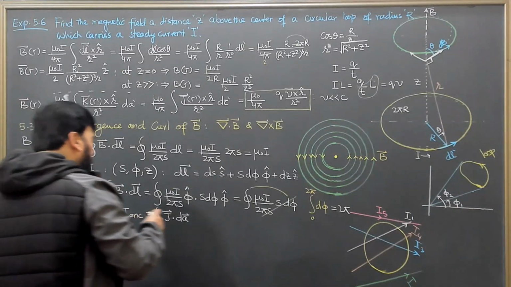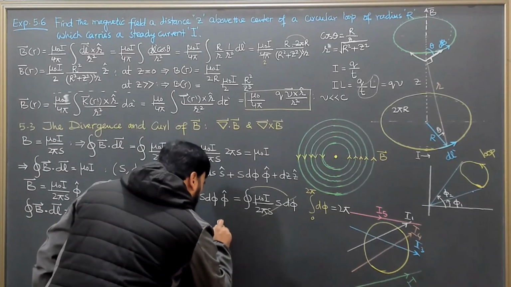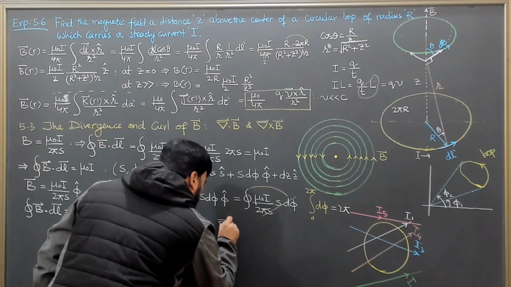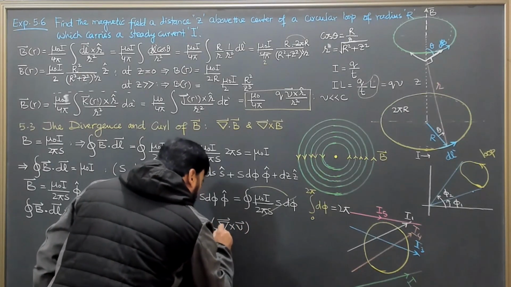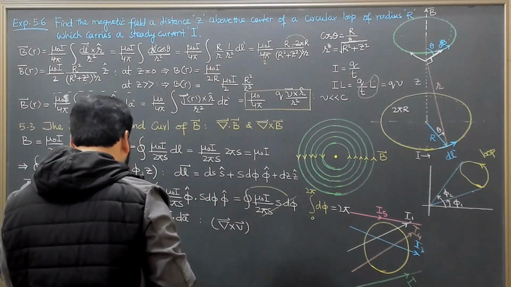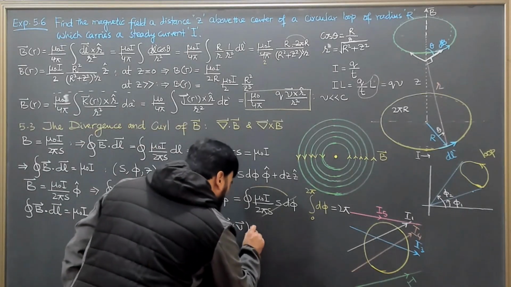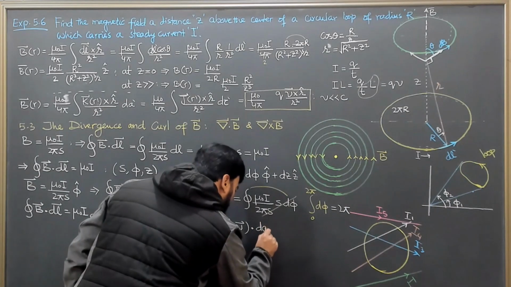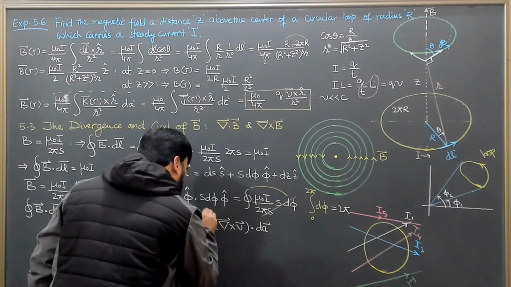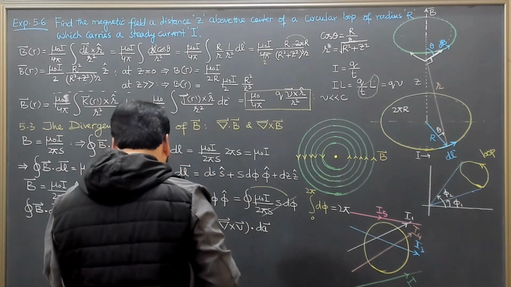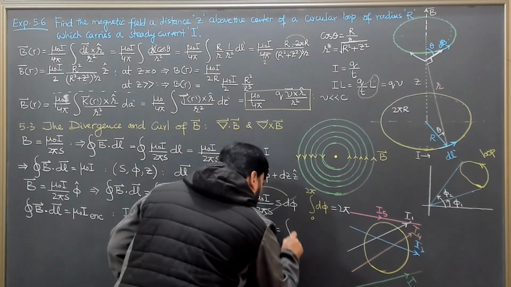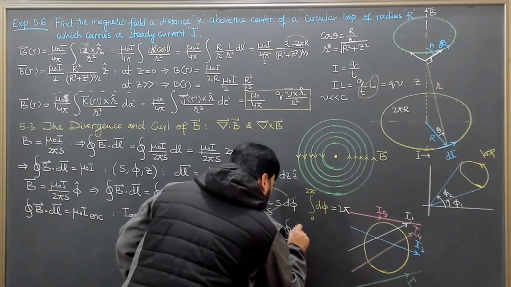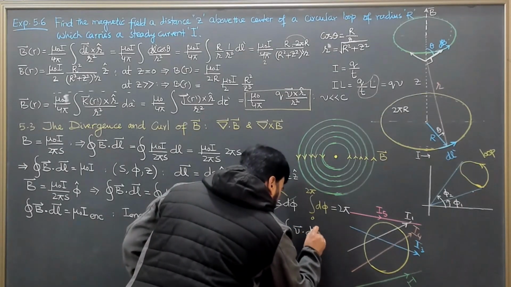I know that for any vector V, the integral of del cross V dot dA will be equal to the closed path integral of V dot dl.